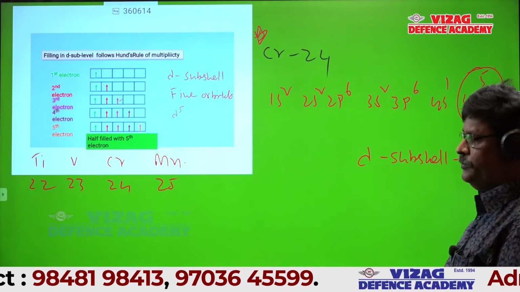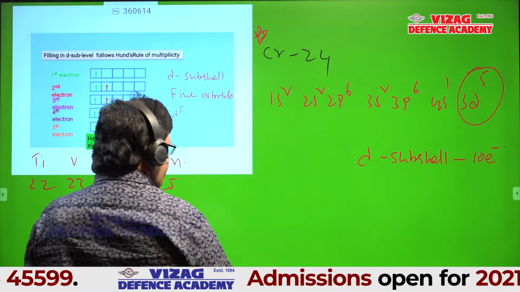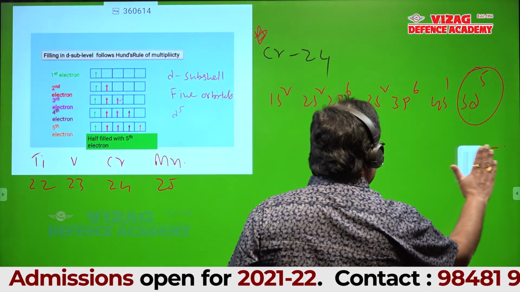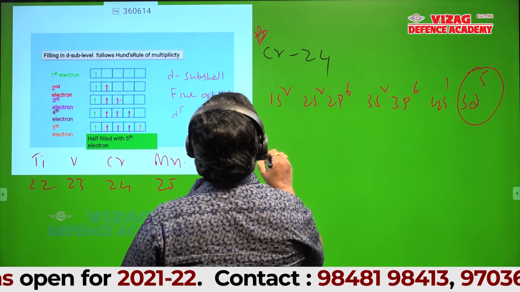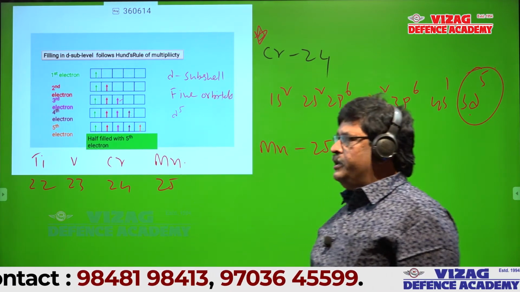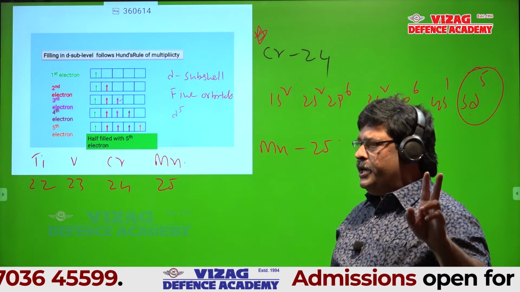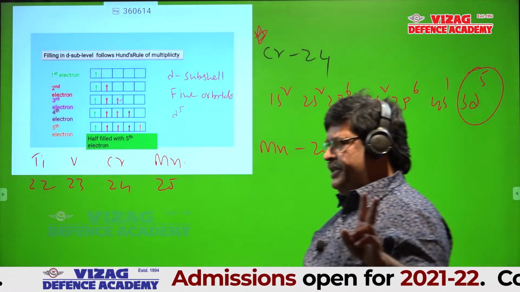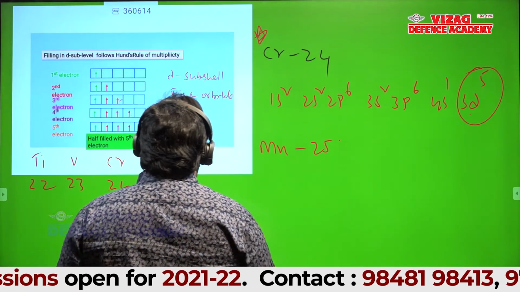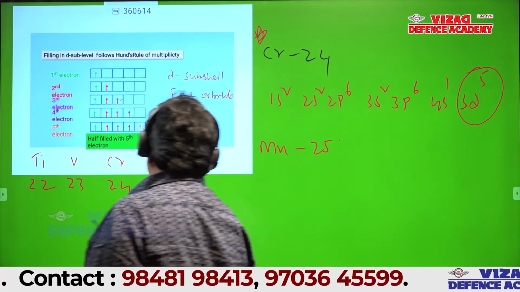Okay. Right. Now, can you write for manganese? Don't tell. I'll give 1 or 2 minutes time to all of you students. You try to write the configuration of manganese. Not only manganese. After manganese, can anyone tell what is the element?